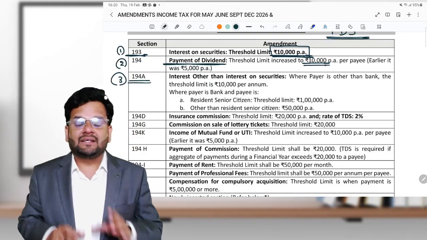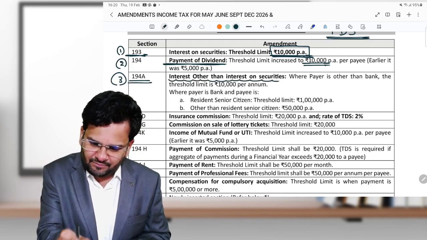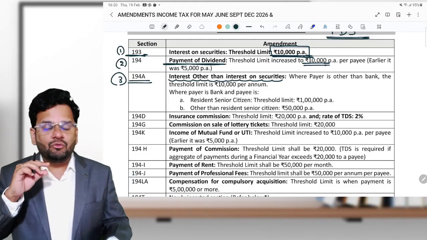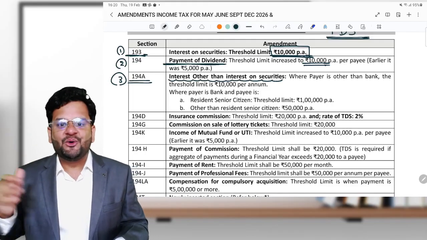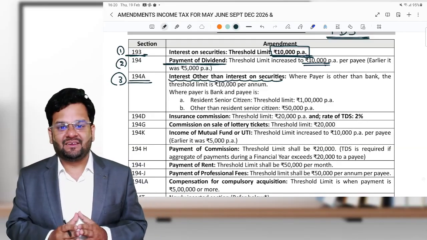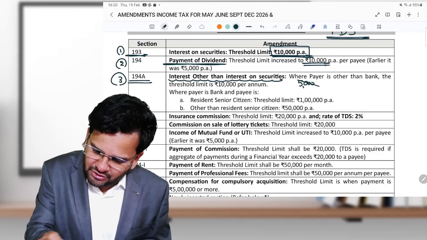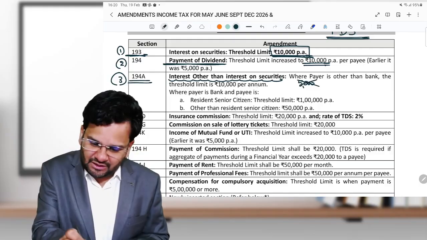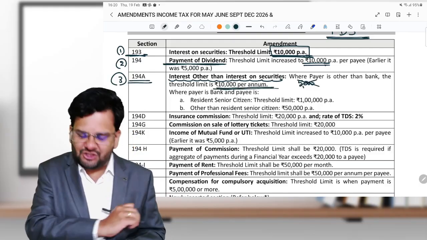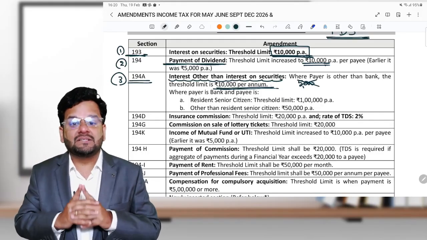Then very big amendment, very important amendment, 194A, that is interest other than interest on securities. So here, when there is any payer other than bank who is paying such interest, then friends, earlier threshold limit was 5,000 per annum. Now it is how much? Now it is 10,000 rupees per annum.